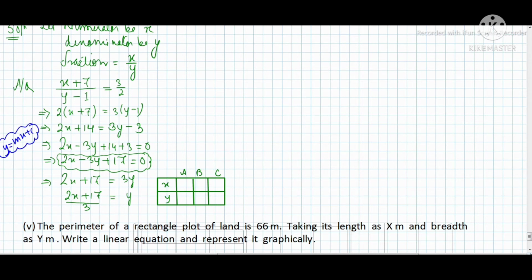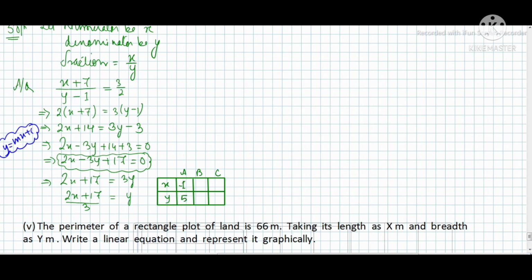See, if I take the value of x as 1, then 2 ones are 2. And if I take it as minus 1, then minus 2 plus 17 is 15, so 15 divided by 3 is 5.